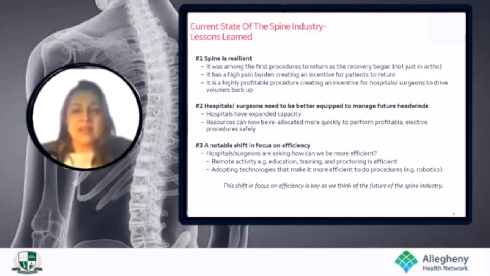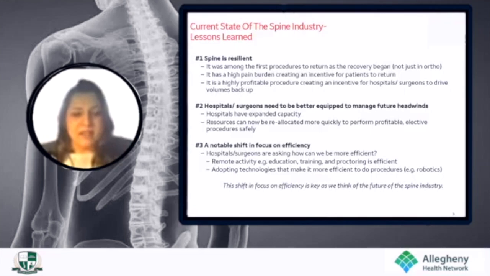The third key lesson learned in 2020, which I think is probably the most significant one, is that there has been a notable shift in focus on efficiency. Hospitals and surgeons are asking, how can we be more efficient? We did see a lot of remote activity pick up. We know that education, training, and proctoring are efficient using remote technology today.